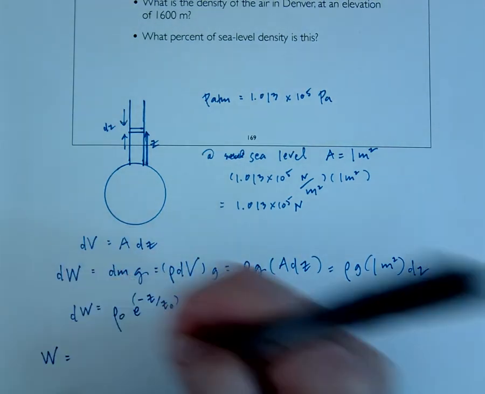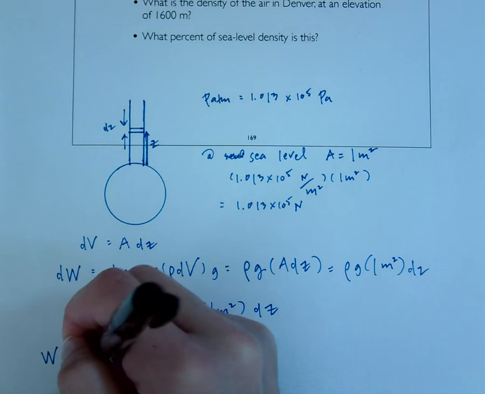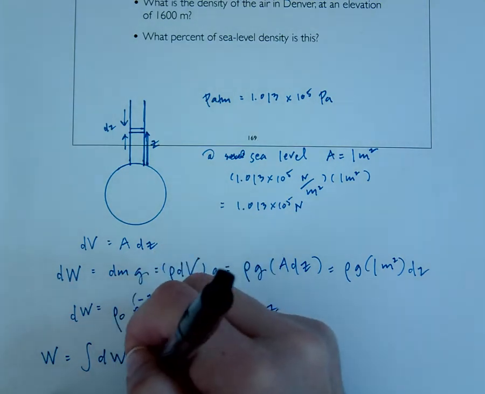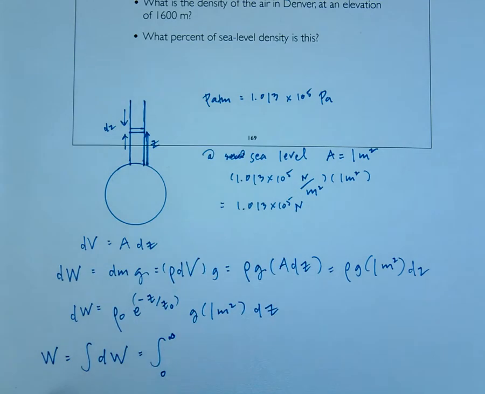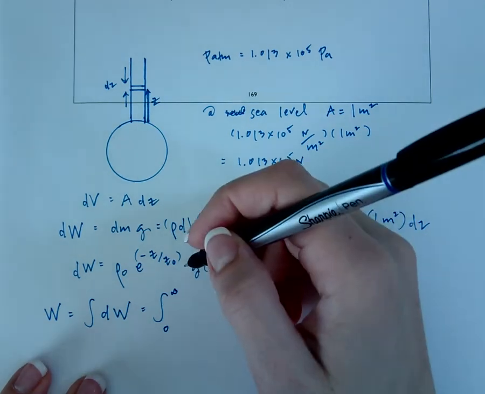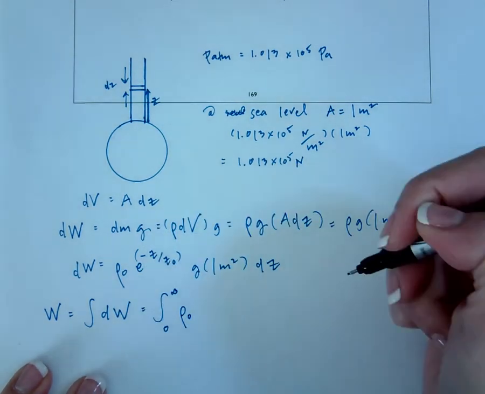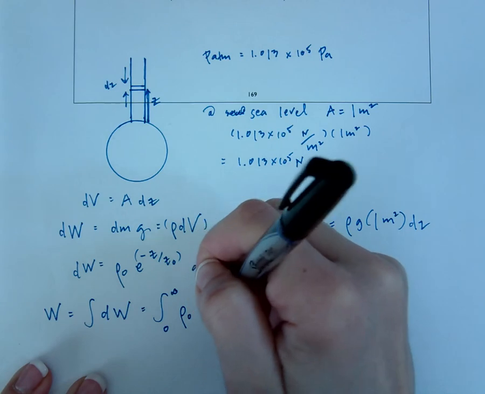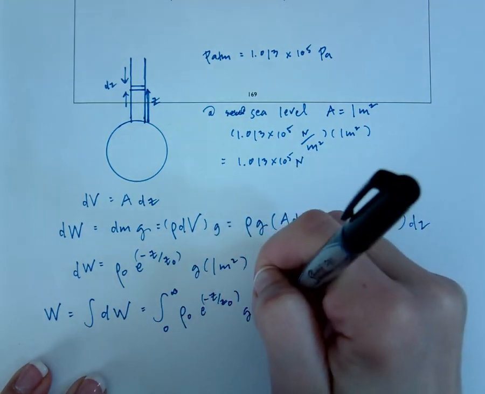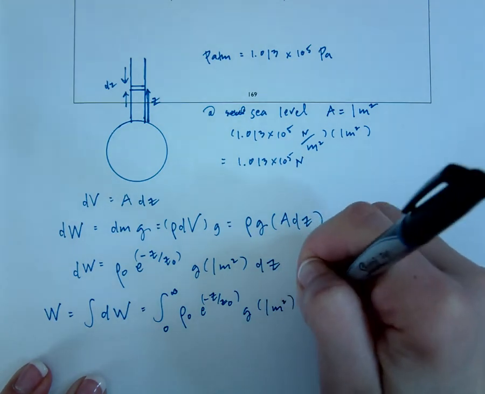The weight of the column is equal to the integral of all the little elements. So the integral of dW, where W is the weight. So now take the integral from 0 to infinity, fill in rho naught, e to the minus z over z naught, times g times 1 square meter, dz.